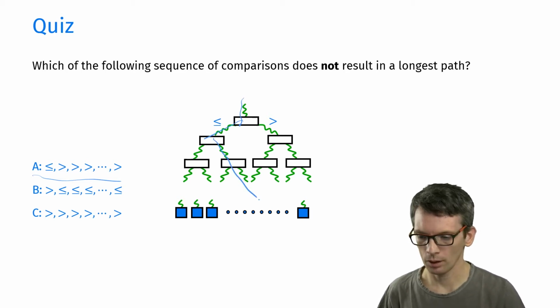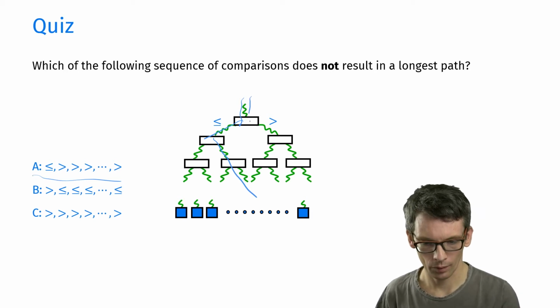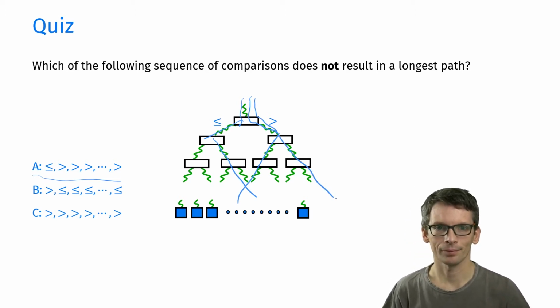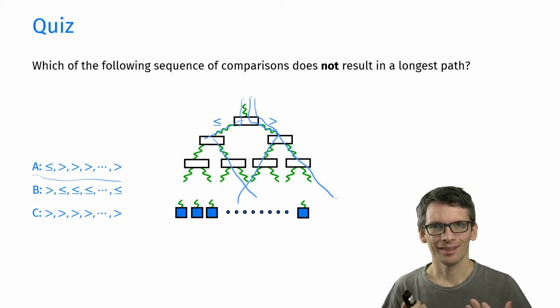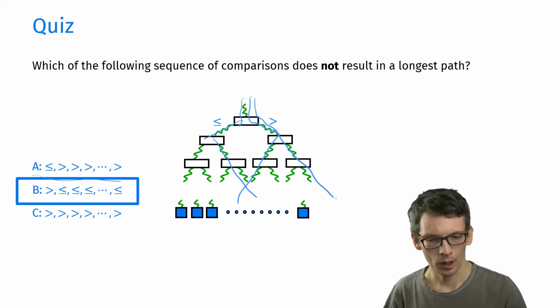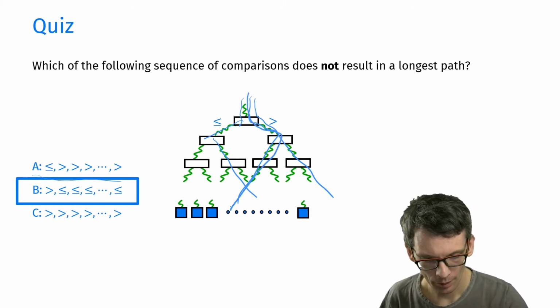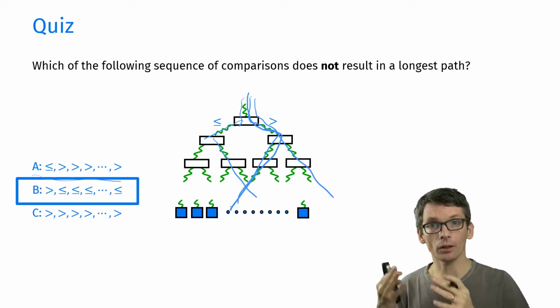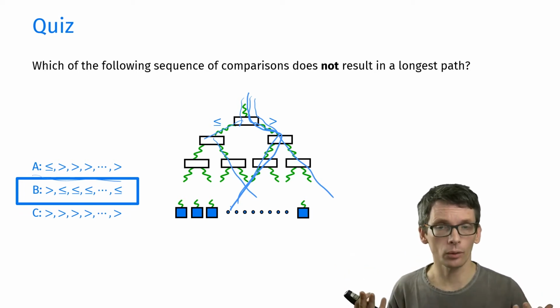This one, or this one, or this one? The correct answer is B. So this path here. Why is that not a longest path, and why are the other two longest?